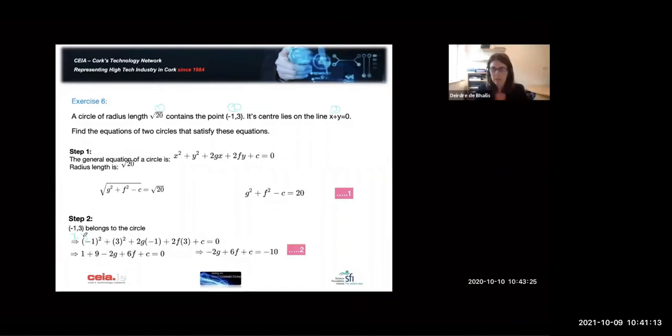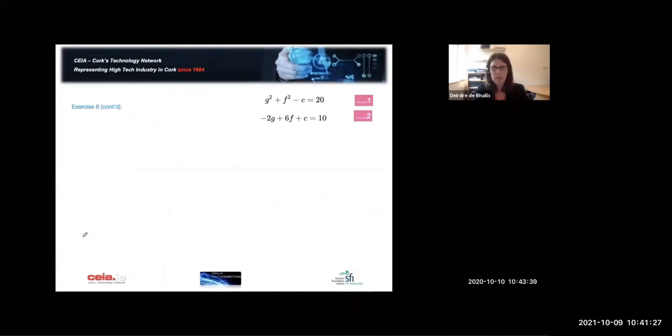And that works down to -2g plus 6f plus c is equal to -10. So that's our second equation in terms of g, f, and c. Now I've just taken both of those and written them up here, so we have them for easy reference on this slide.